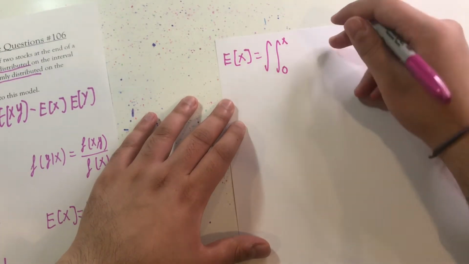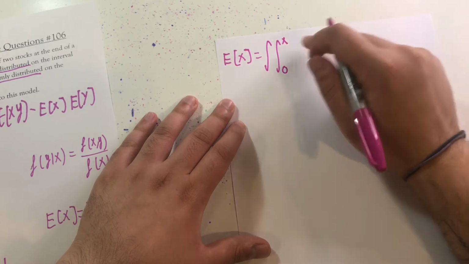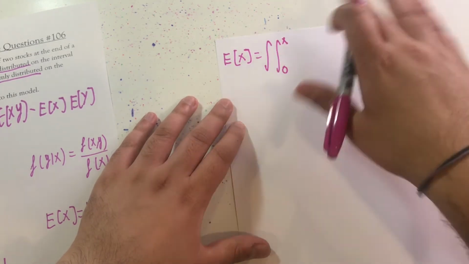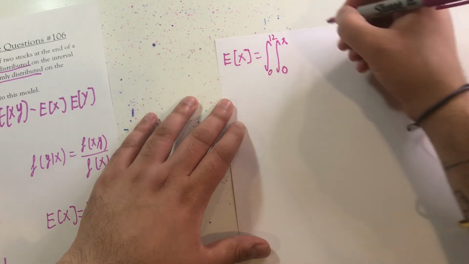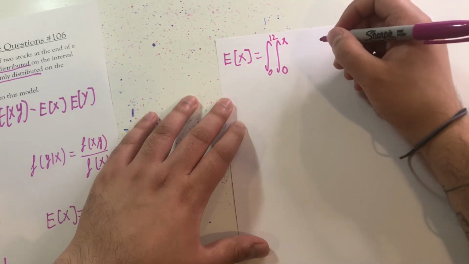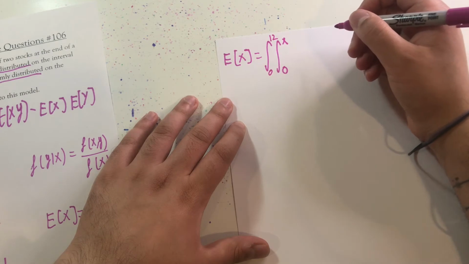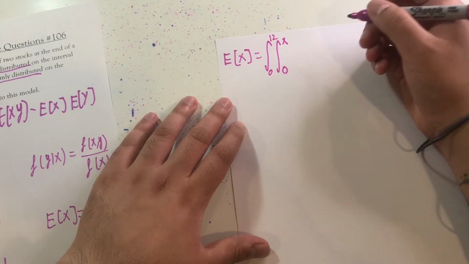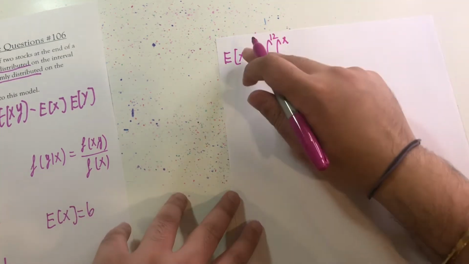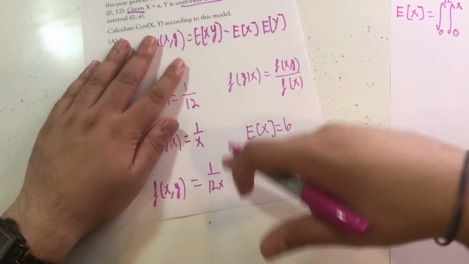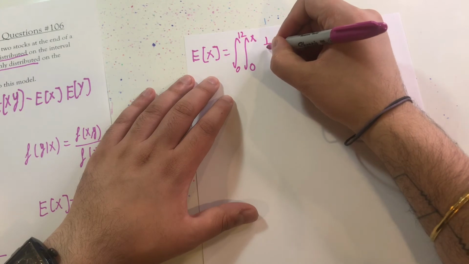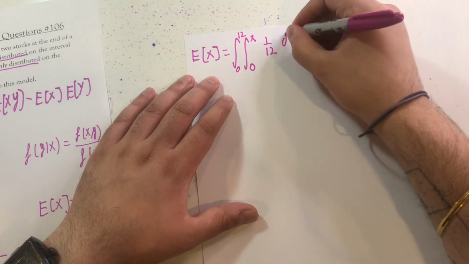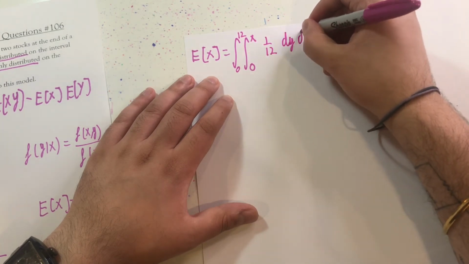Because if I was doing dx first, my outer integral would contain x, which is not allowed. So this will go from 0 to 12, and it's going to be what's in here, x, multiplied by the PDF, 1 over 12x, which is just 1 over 12, and I'm doing dy dx.